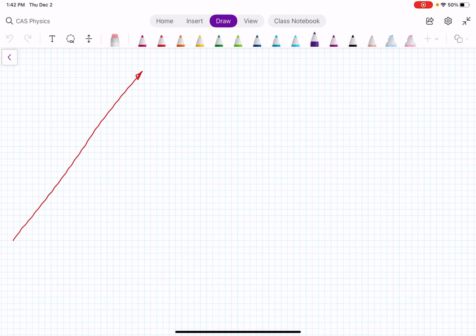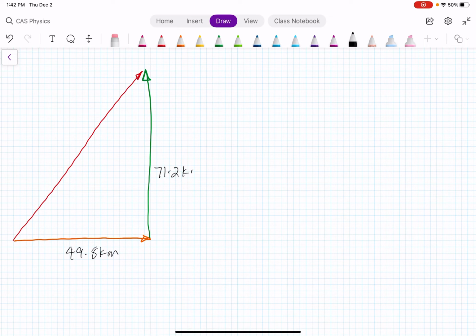I'm just going to make it this. This plus, well, I guess I got it a bit off, this. Okay, so then what did we say our numbers were? We said they were 49.8 kilometers, and then this one was 71.2 kilometers.